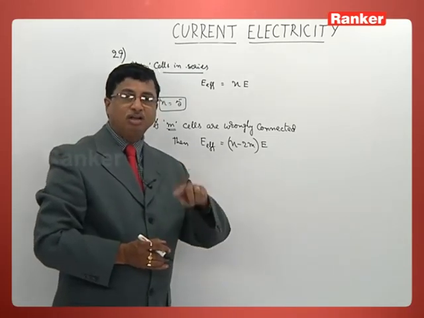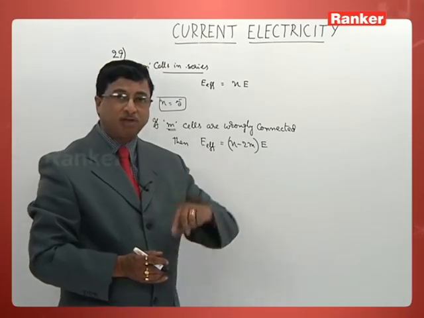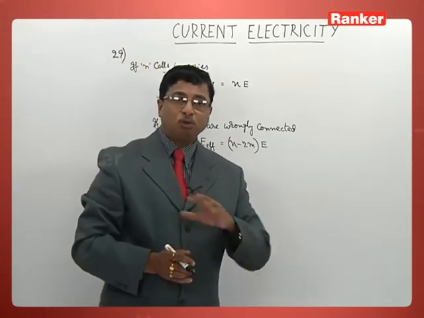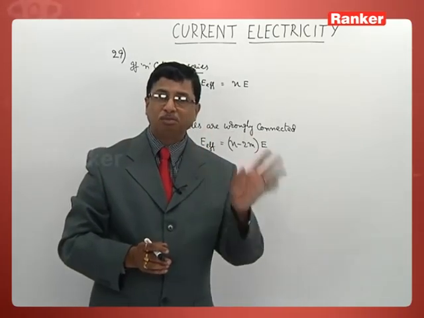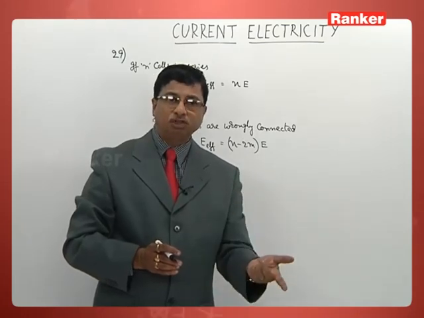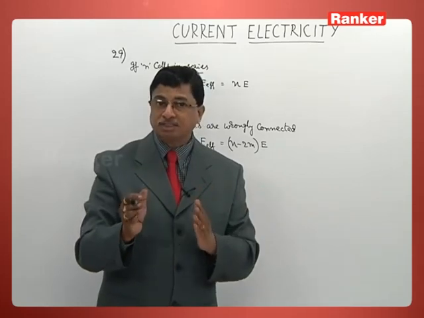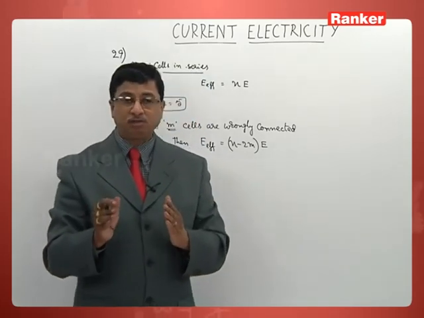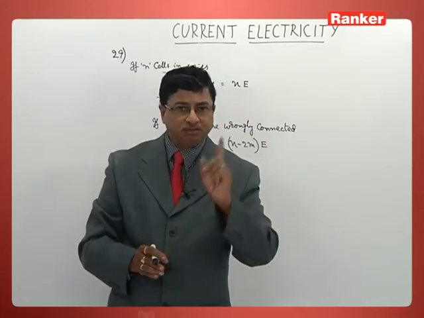One cell wrongly connected means it cancels the EMF of another cell also. So overall in the total system, 2 cells lose their EMF, including this one. So totally 2 cells will be off as far as EMF is concerned. Remember this point carefully. Resistance will not vary. Resistance will be the same.